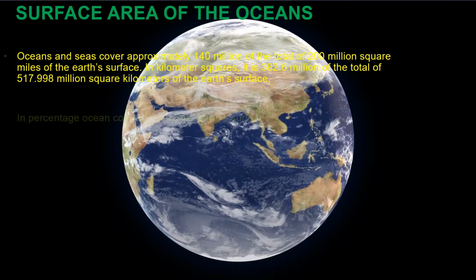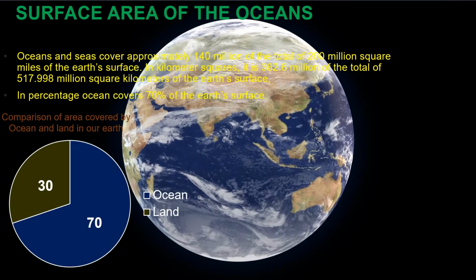In percentage, ocean covers 70% of the Earth's surface. The pie chart given below shows comparison of area covered by the ocean and land in our Earth. The portion in blue color shows area covered by ocean and the portion in brown color shows area covered by the land.